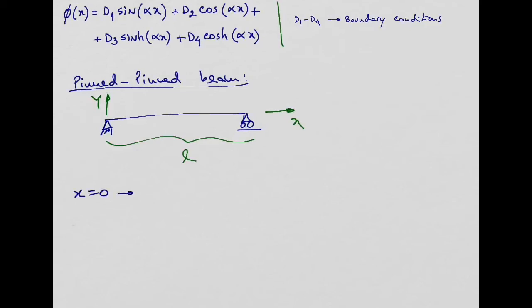For x equal to 0, I am at this point of my beam, right? I need to say the deflection V at (0, t) needs to be equal to 0. You all agree with me? Because there is the support there.